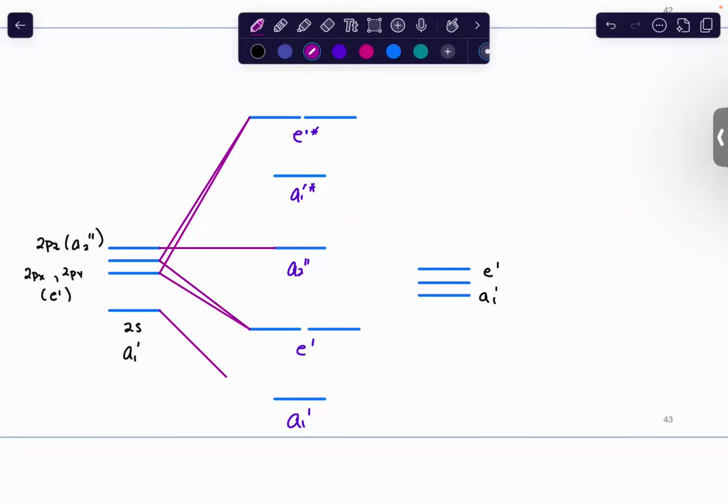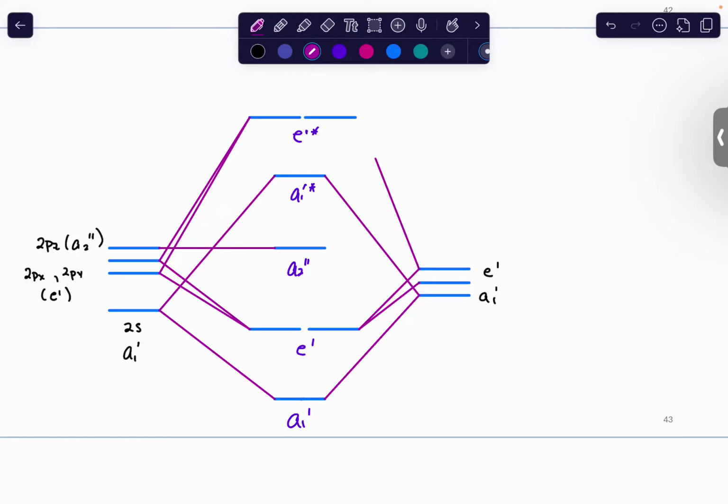Your A1's got to connect to A1's. And so this is what our structure would look like.